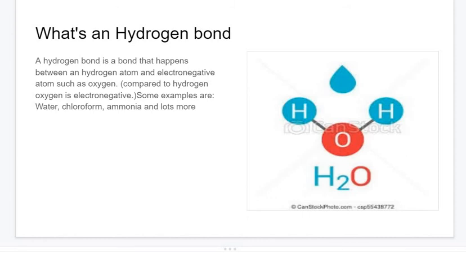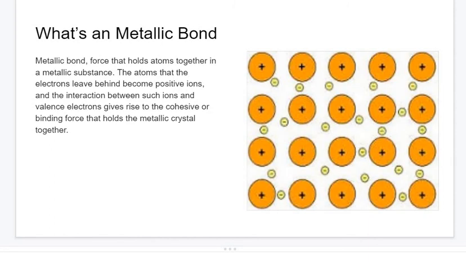And remember, electronegative means compared to hydrogen, oxygen is more electronegative. What I mean by that is oxygen has more electrons, so it compares between 2 atoms. And what is a metallic bond? I would say it's just a force that holds atoms together in a metallic substance, such as iron, gold, zinc, copper, lithium, and lots more.